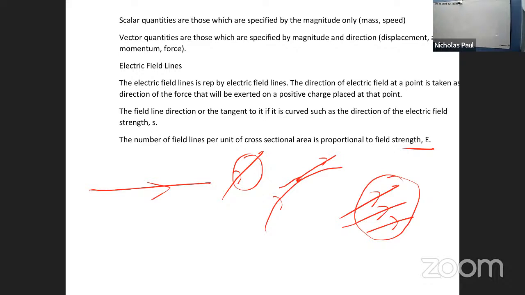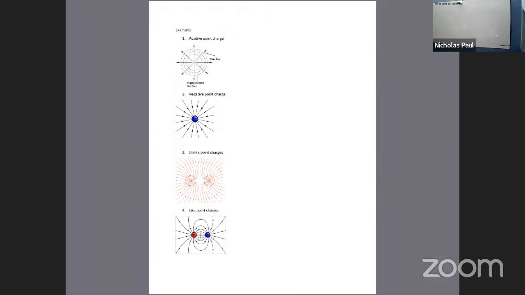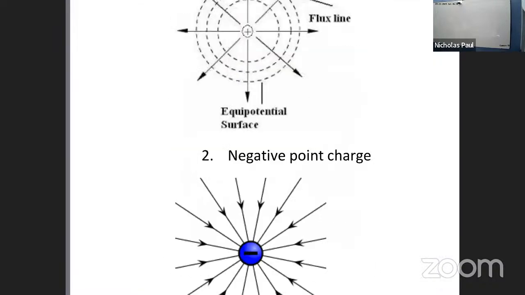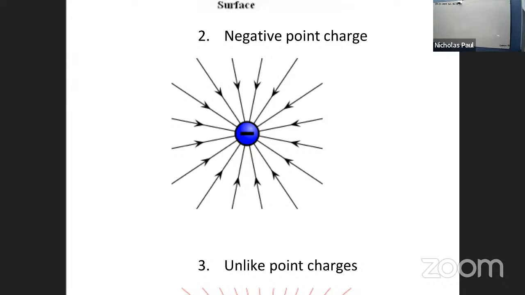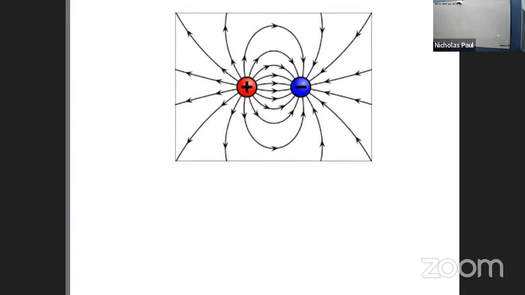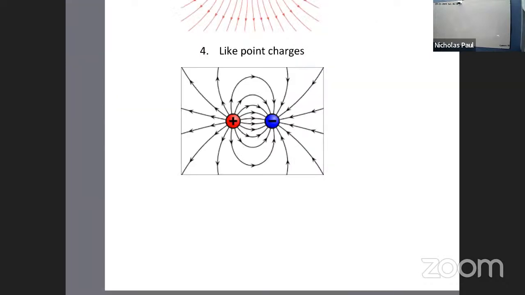Now that's some basic info, very similar to magnetism as well. The more field lines, the greater the strength. Here we have some examples of a point positive charge, point negative charge, like charges, unlike charges.